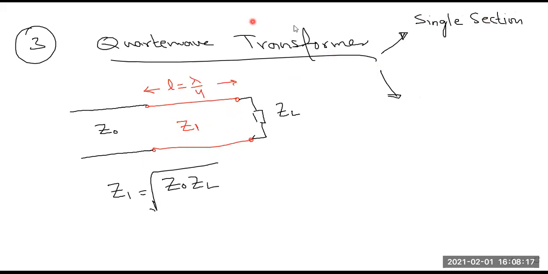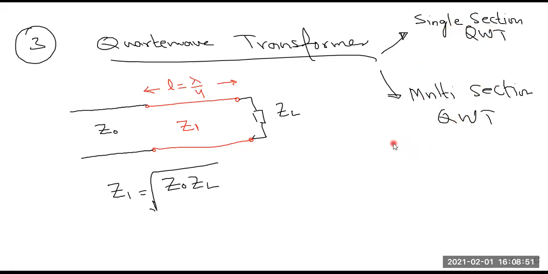But there is another design of quarter wave transformer that we will discuss in detail, known as the multi-section quarter wave transformer. Let me abbreviate quarter wave transformer with QWT. We are going to find out the limitation of a single section quarter wave transformer, and how we can convert it to a multi-section quarter wave transformer.